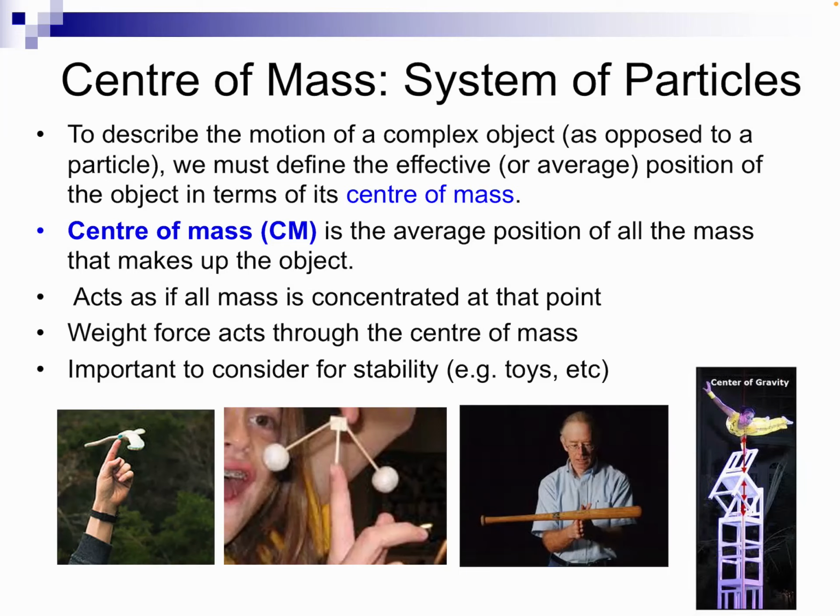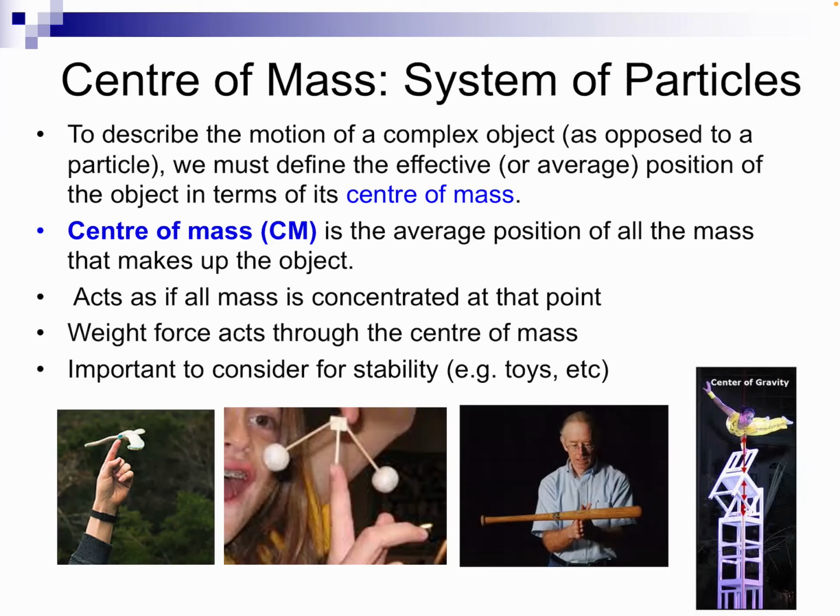The easiest way to find the center of mass is to find the point of balance. Where is the point where this dragonfly can be balanced? If you put this here, the dragonfly is balanced like that. So the center of mass of the dragonfly is at that point.